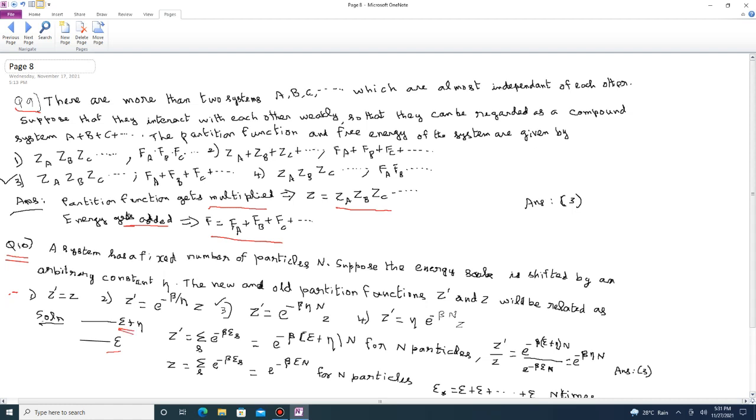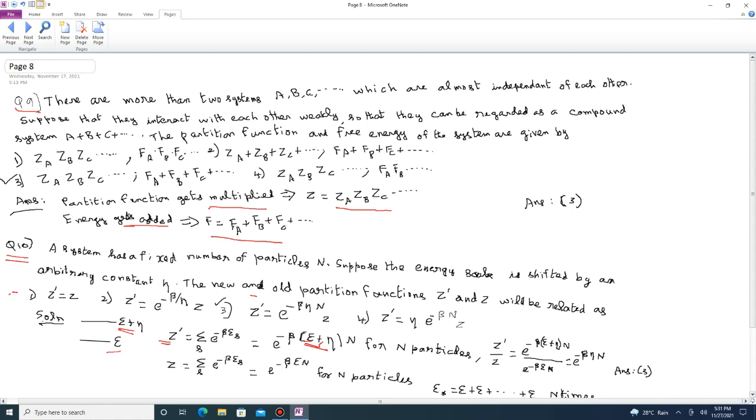So this is E plus eta. So for the new system, Z prime is equal to e power minus beta E_s, where E_s is equal to E plus eta, for n particles. So for n particles you have to multiply by n.